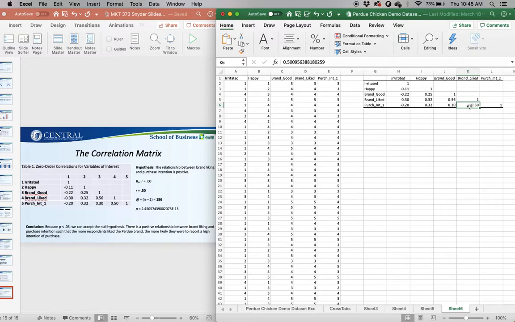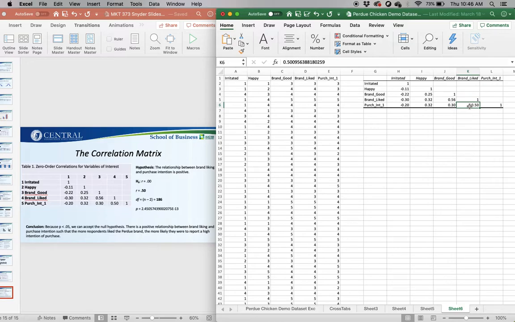And so what this tells us is this: yes, it looks like brand liking and purchase intention do have a positive relationship, meaning that the people who reported liking the brand more were also the people who reported a higher likelihood of purchase. The people who liked the brand less also reported a lower likelihood of purchasing the product.